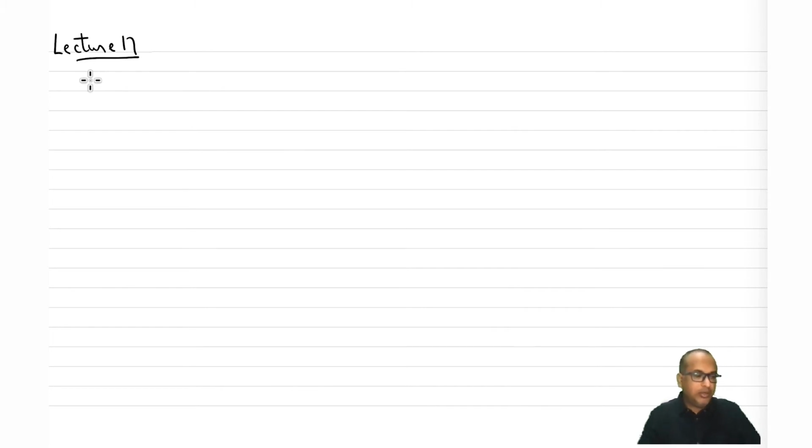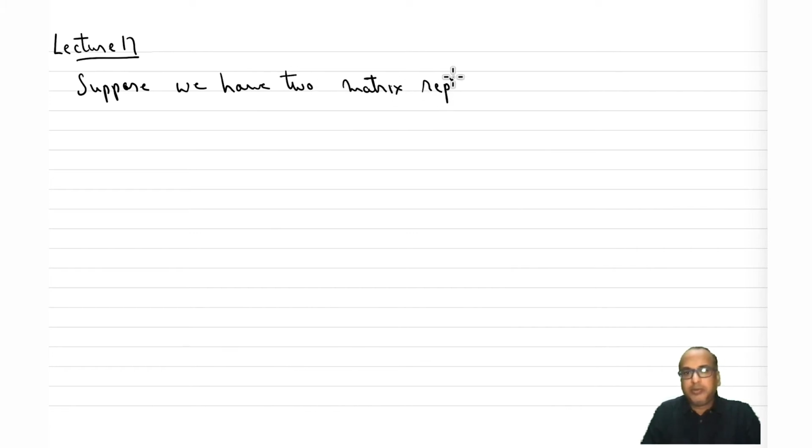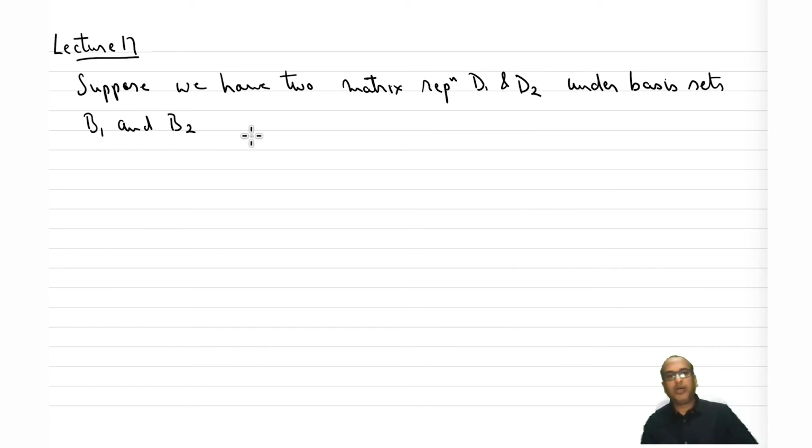So let's consider, suppose B1 and B2 are basis sets of same order, that is the number of vectors which are chosen in the basis are same.